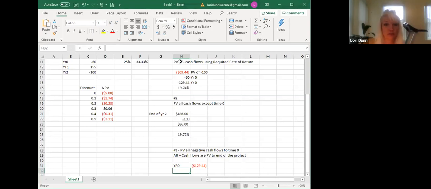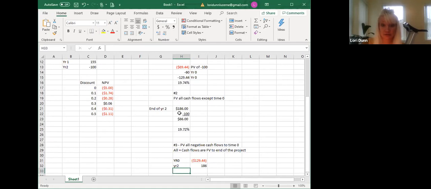The present value of that is 69.44. So that means at time 0, our total negative cash flow would be 129.44. At the end of year 2, our total positive cash flow will be 186. The future value of the year 1's positive cash flow was 186. That negative 100 isn't at the end of time 2 anymore. We present valued it back.